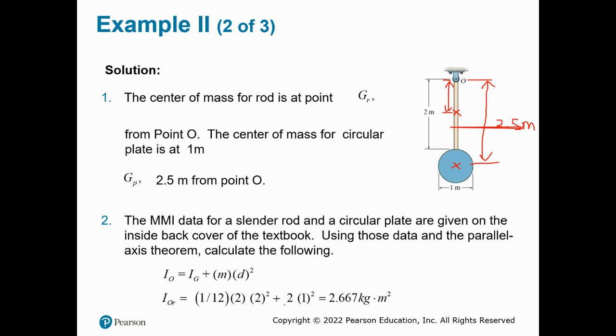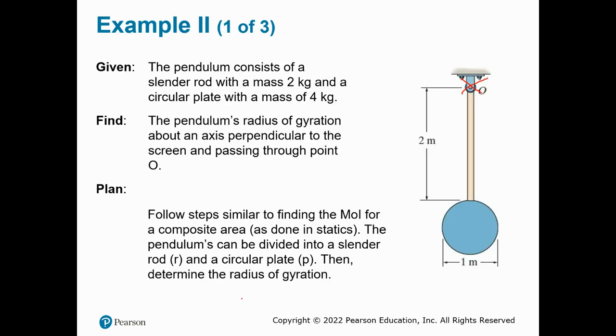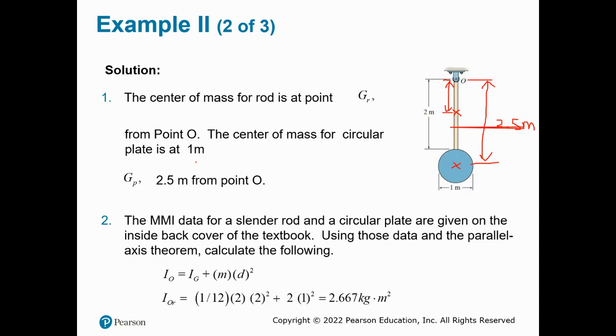So you have 1/12 times the 2, which is the mass of the rod, 2 kilogram, and the second 2 is how tall it is, so 2 squared. Then keep going, you will add md squared. Again, mass is 2 kilogram, and the d will be half of the 2 meters, so multiply by 1 squared. That gives you the MMI for the rod.